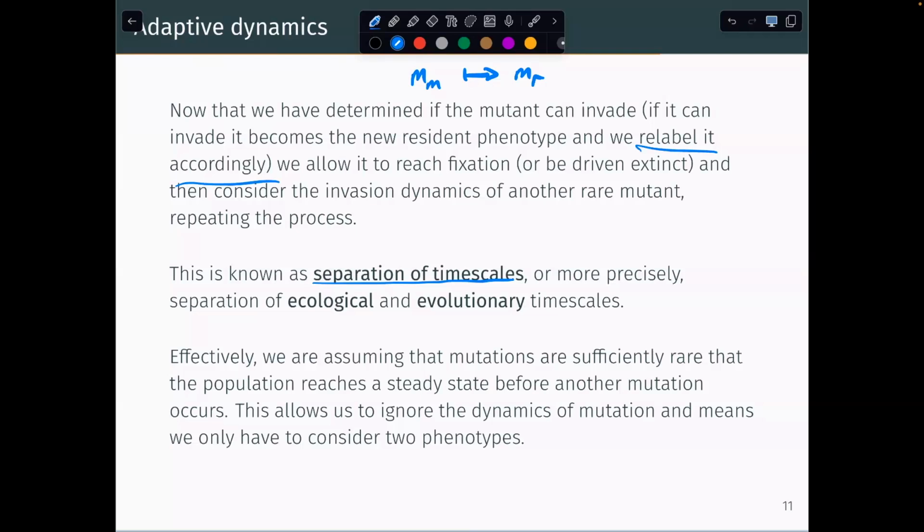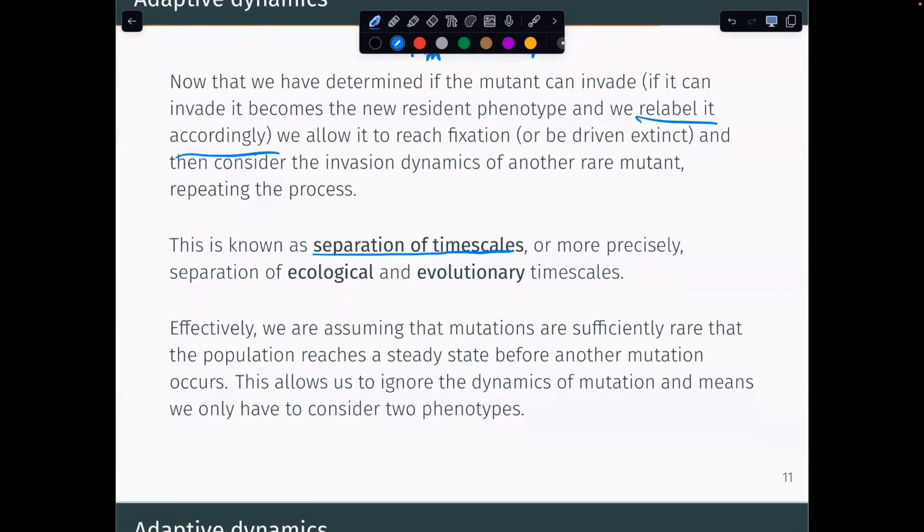The previous mutant has either won or lost. Okay, so that basically means we only have to think about these two types, which is a nice way of thinking about it rather than having to think of, say, n different types. So this allows us to ignore those dynamics of mutation, and we only have to consider these two different phenotypes.